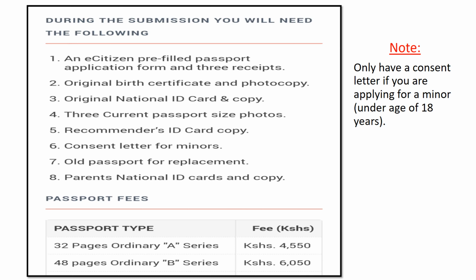You don't have to carry 3 copies. If you're carrying your original ID card, have one copy of it. If you're taking the recommender's ID copy, you can just have one copy of the recommender's ID card.